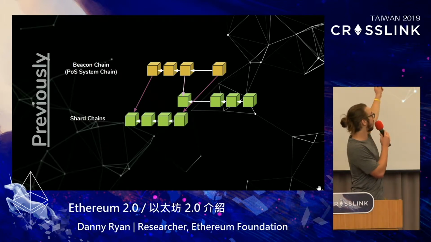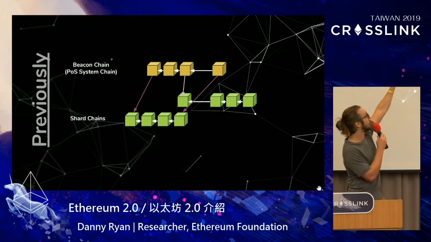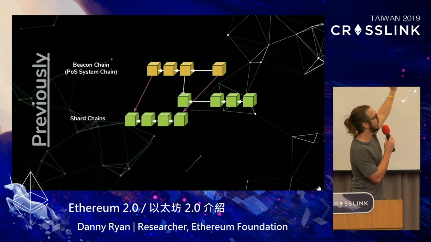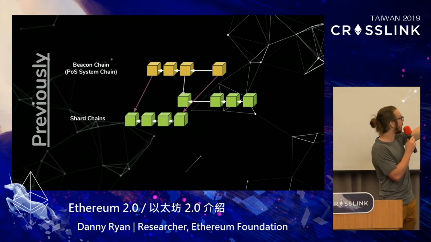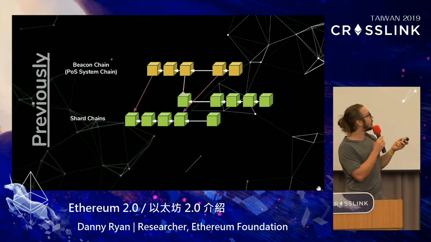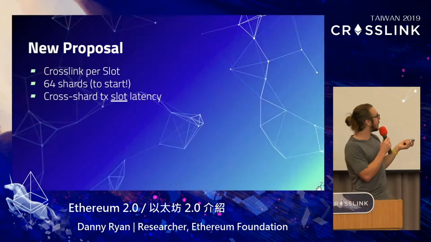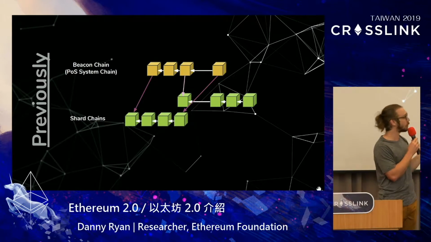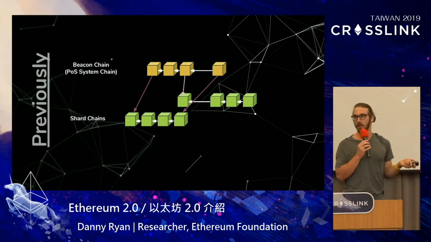So you have a lot of lag time in how these crosslinks are formed. This epoch happens, that epoch happens. And so because of this, you can have more shards, but you have a lot longer latency.